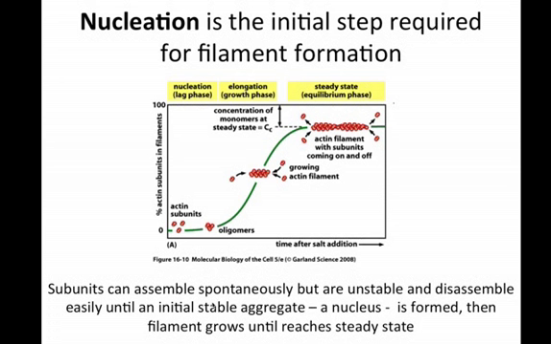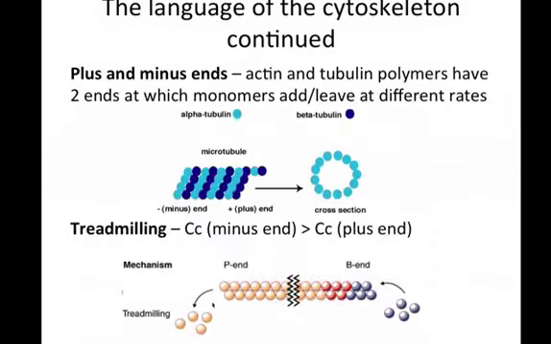And if we're just relying on the critical concentration to control whether things are going to grow or disassemble, things are never going to happen how we want them to. So there are all these proteins that encourage disassembly or encourage assembly when they're needed. Okay? So that's the concept of critical concentration.